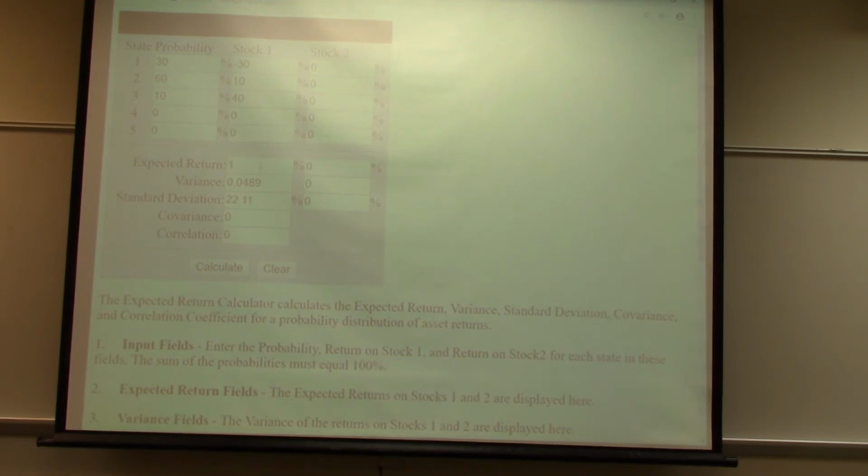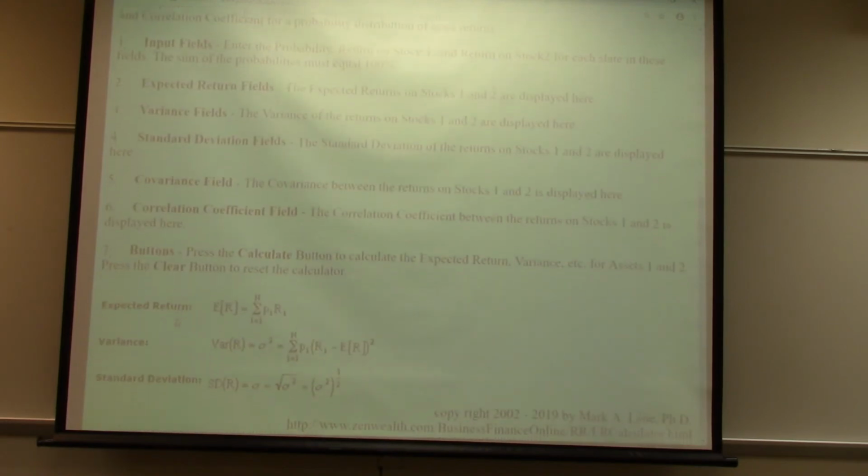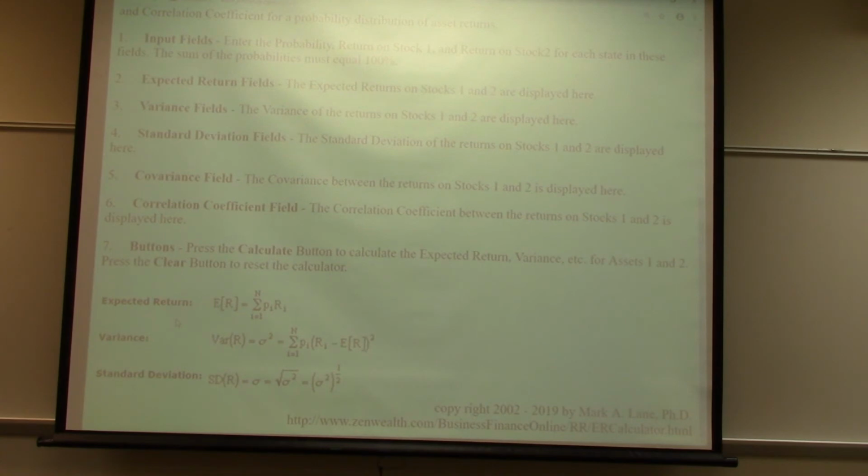Expected return is 1%, standard deviation 22.11%. If you do this, you get the same answer. So this is easier than Jim Mirabella's way, right? Yeah. So I got it from the guys at zenwells.com. He made this calculator. I copied it to here. This is the equation.